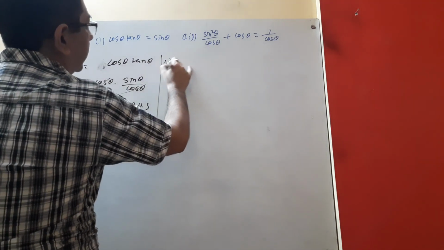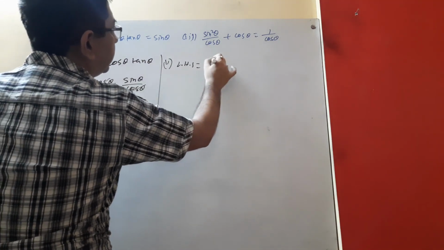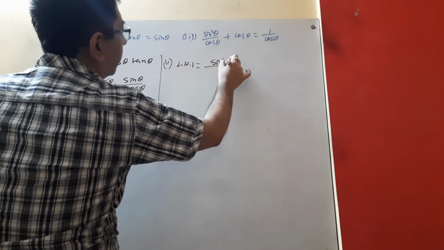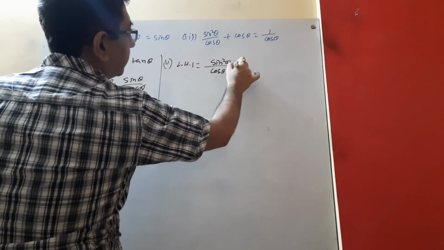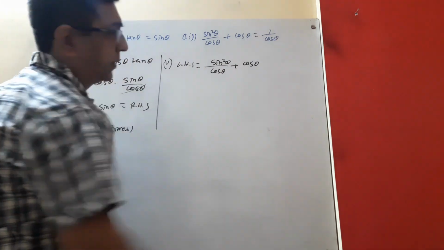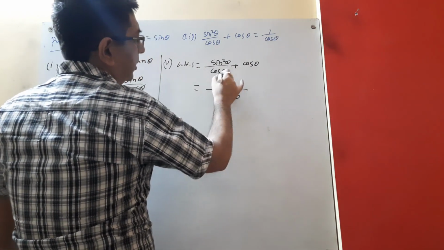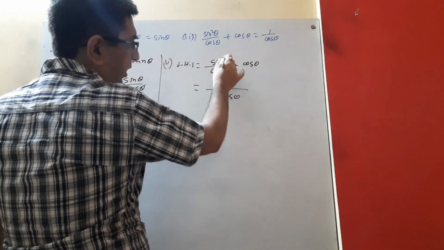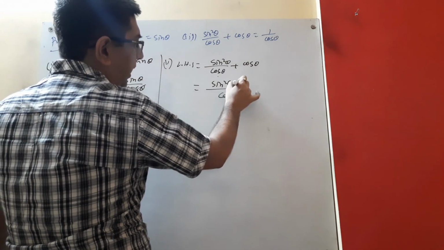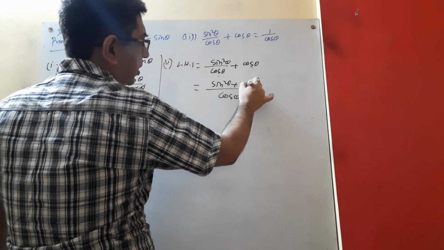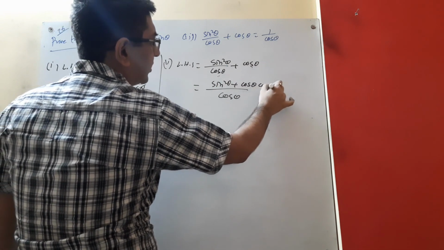Second one, LHS. Look, it is given sin square theta by cos theta plus cos theta. What we have to prove? 1 by cos theta. Very easy. Go for LCM. This one dividing, 1 into sin square theta, that is sin square theta plus cos theta into cos theta. Why cos theta into cos theta, sir?